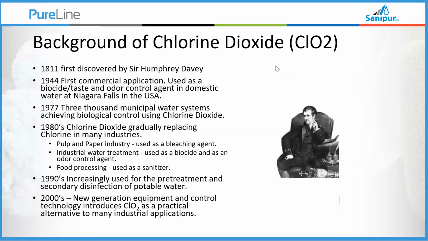It's not new, but chlorine dioxide was discovered over 200 years ago by Sir Humphrey Davy. It started to be used in the United States in the early 1900s, for odor control and general water quality. By the 70s, there were thousands of municipalities using chlorine dioxide for treating water. Its huge uptick came in the pulp and paper industry.